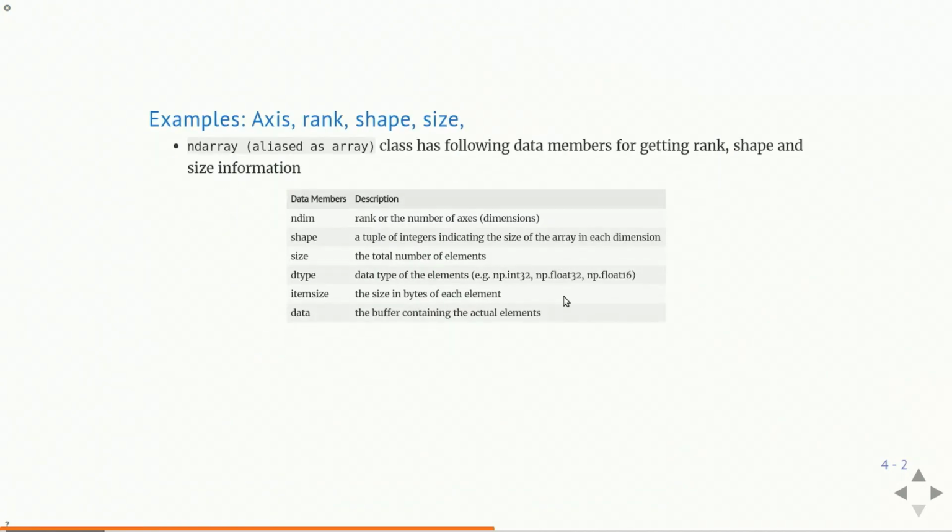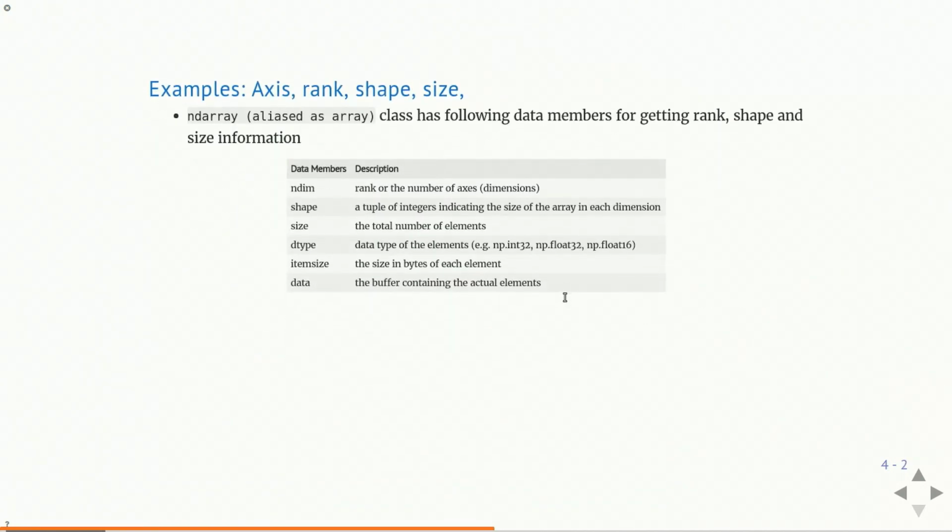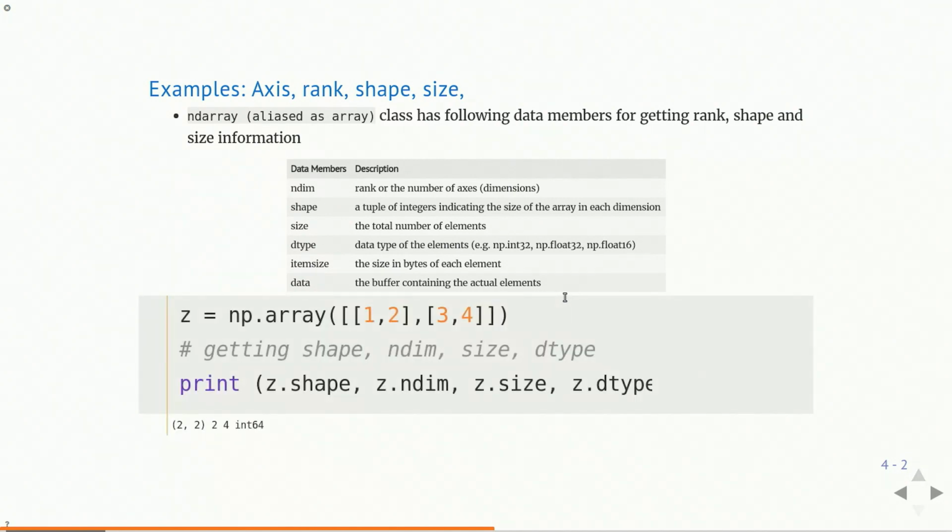The basic ndarray class has built-in data members that can provide information about each array's axis, rank, shape, size, etc. We can simply access them by putting a dot operator at the end of the np.array instance. So for example, here I have created a two-dimensional array which has a shape of (2, 2).